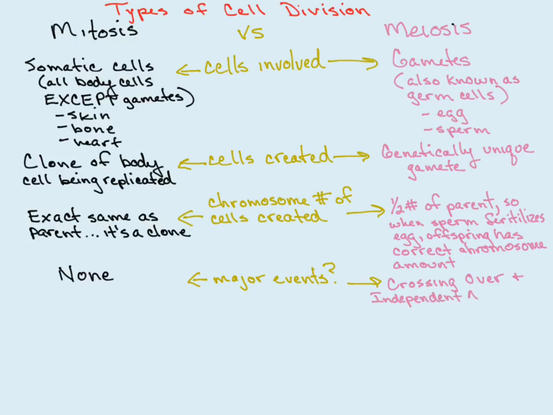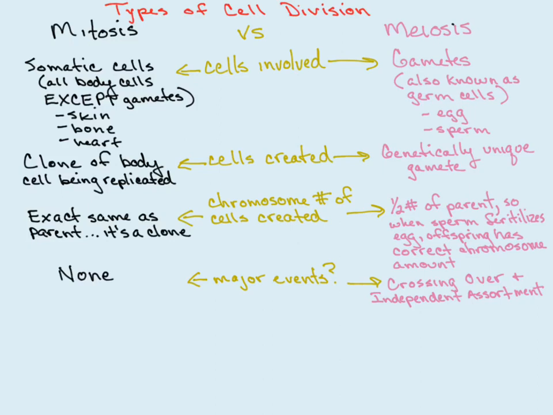These are huge events, and these are the events that are creating such genetic diversity in the gametes. That is why siblings don't look alike, even though they can come from the same parent. These two events are essential to understand.